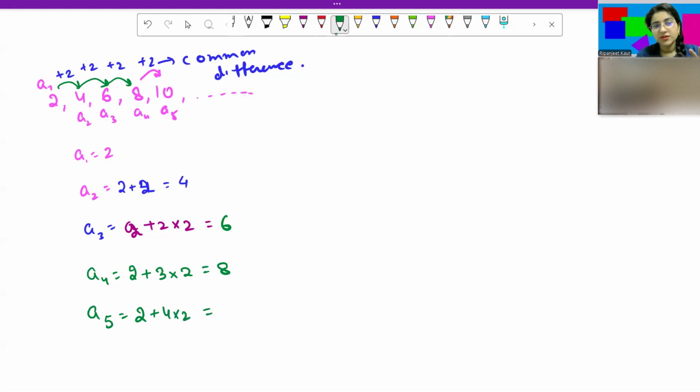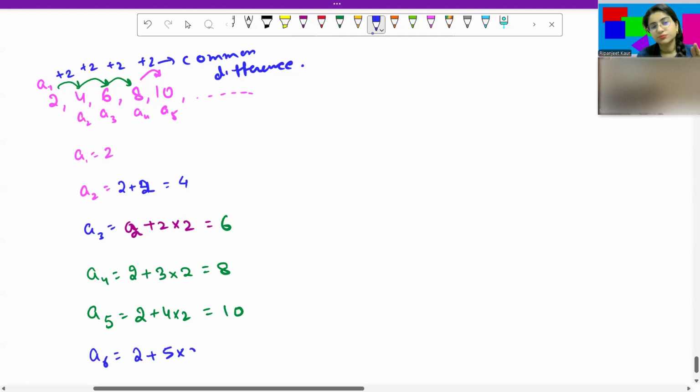So over here, can we see the pattern? That means we don't even need to write the sixth term, but sixth term will be 2 plus 5 times 2. Do you think the pattern is going on here? Yes. So this will be 12.